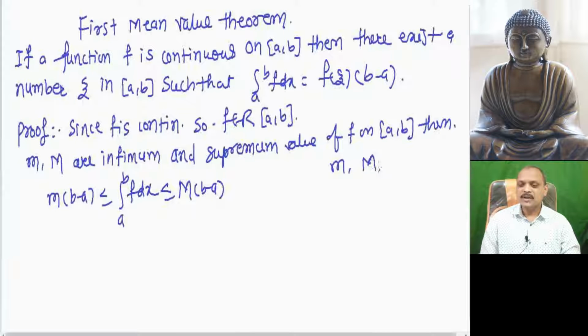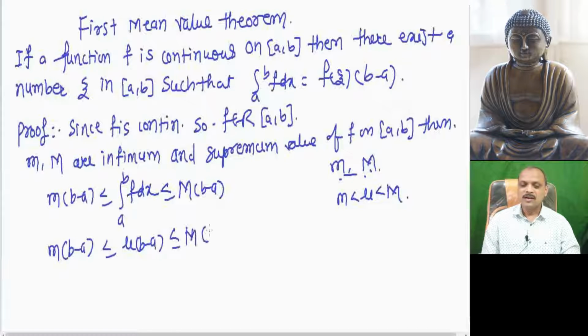But small m and capital M are two numbers, and there are many numbers lying between them, so we have m times (b minus a) is less than or equal to mu times (b minus a), as mu lies between capital M and small m, which is less than or equal to capital M times (b minus a). If we compare these, we get that the integral from a to b of f dx equals mu times (b minus a).